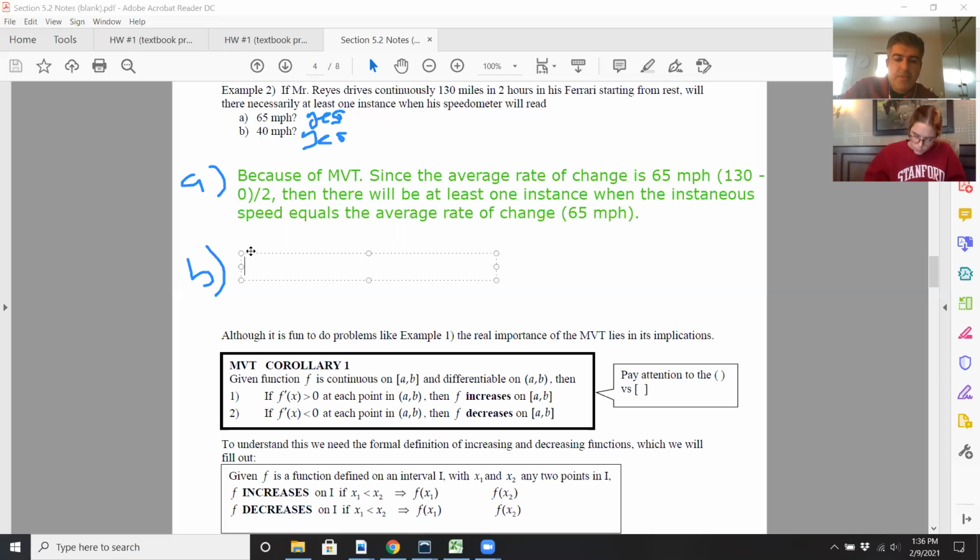And so let me kind of give you the explanation. It's because of IVT.